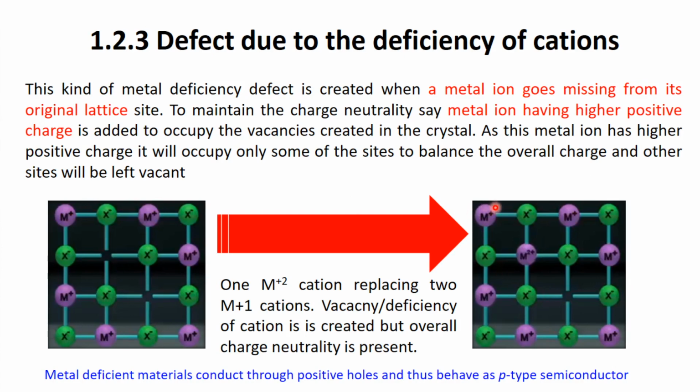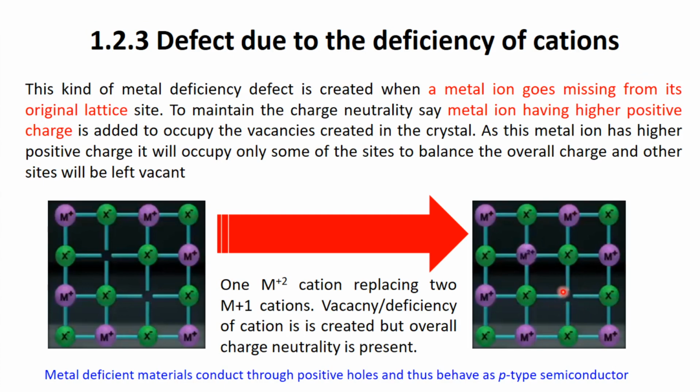So this type of defect is called defect due to the deficiency of cations, as one site is occupied with a cation but the other site is missing. Stoichiometry is changed, so this is a non-stoichiometric defect. Metal deficient materials conduct through positive holes as shown in this right hand side panel.